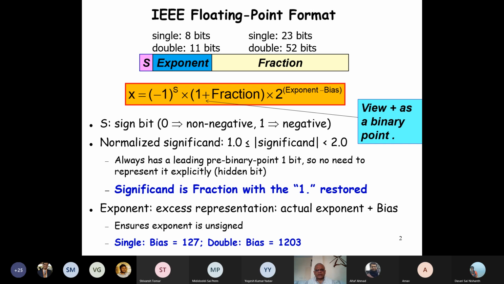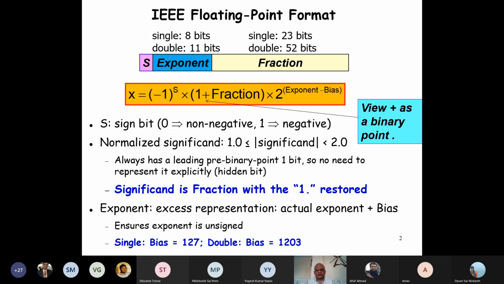Since in the normalized representation we have to have the significand as 1, it is implicit. And therefore it will be 1.00000 to 1.9999, and of course, there is a 2 to the power exponent minus bias.